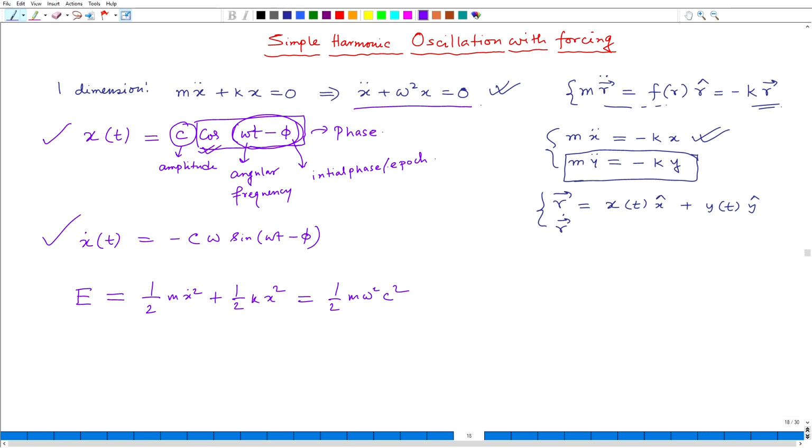Whenever you have the solution by this trial method, you also have to introduce some arbitrary constants of integration, which you can finally evaluate in terms of known constants if you smartly use the initial conditions. So, we said that for 1D simple harmonic oscillation, we need two initial conditions, x 0 and v 0.